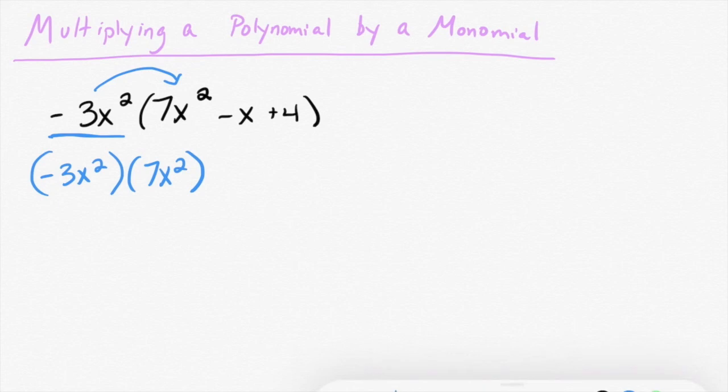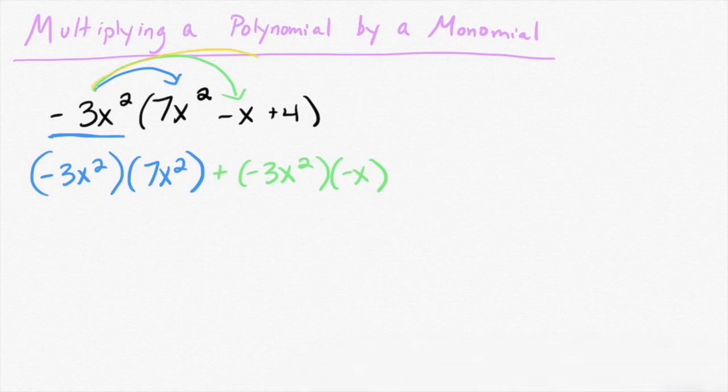Then I'm going to do negative 3x squared times negative x. And finally, I'm going to do negative 3x squared times 4. You'll notice that I put plus signs in between all of this multiplication. We're going to do that every time. We're just going to add up whatever the results of our multiplication is every single time.